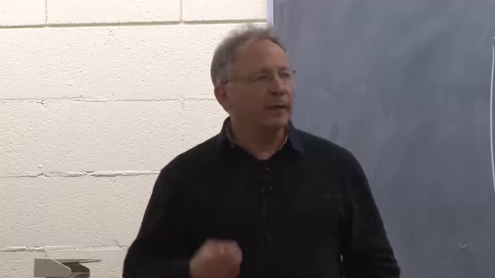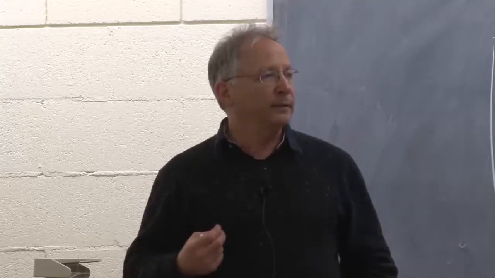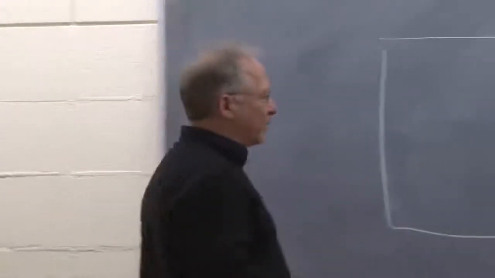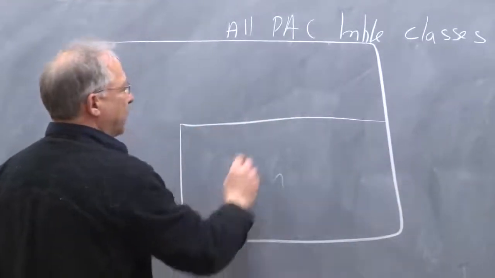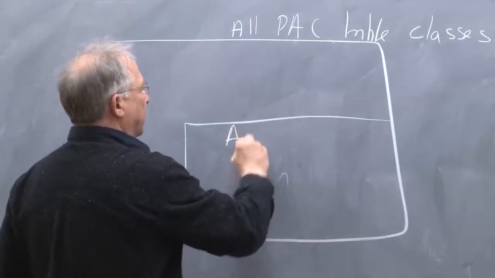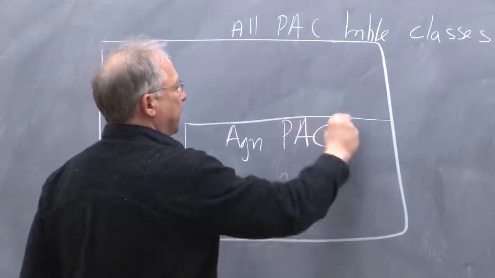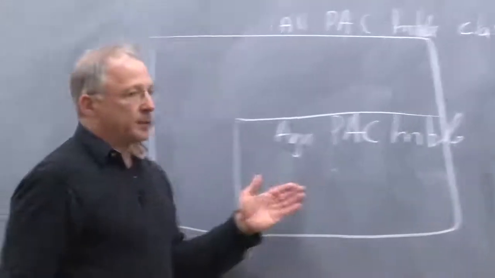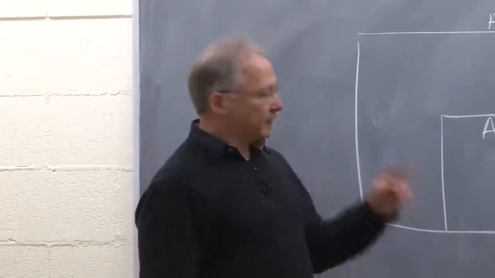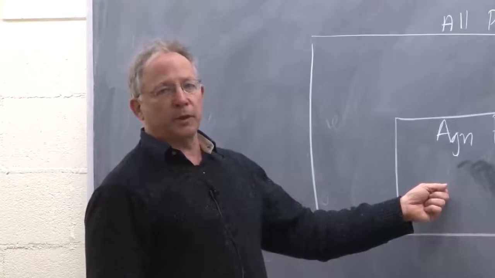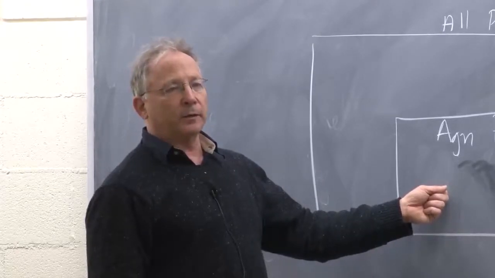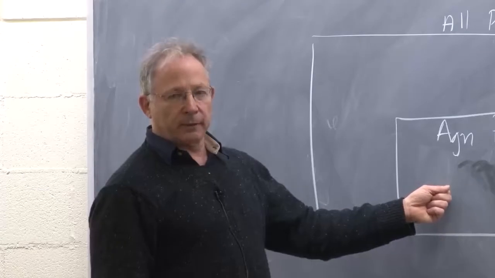Is it a stronger requirement to be agnostic PAC, or is it a weaker requirement than being PAC learnable? It's a stronger requirement. Why? Because here I require that for every distribution, you will be able to get close to the best classifier with respect to this distribution.